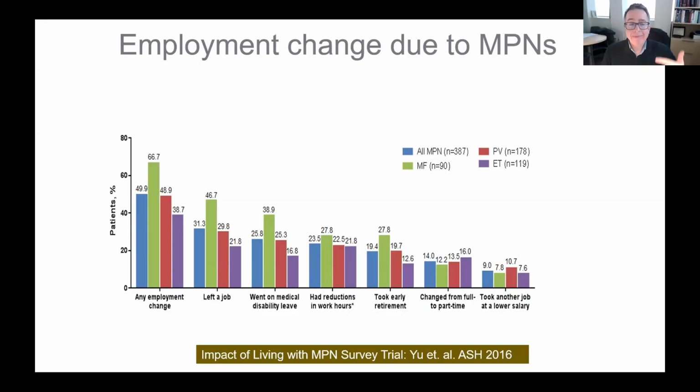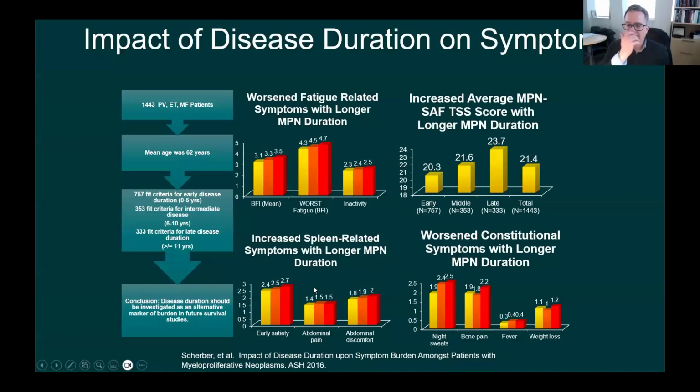So, changes in employment, having to leave a job, going on medical or disability leave, reduction in work hours, early retirement, change from full time to part time, or even just taking another job at a lower salary because patients don't feel well enough to do their current job, happens frequently with patients with MPNs. And this is a testament to the fact that living with these chronic diseases, the fatigue that's involved with it, the symptomatology has a very direct and very clear effect on functioning at the level of employment. But we know it also has an effect on social engagement, and even relationships and intimacy. So it's not just work.